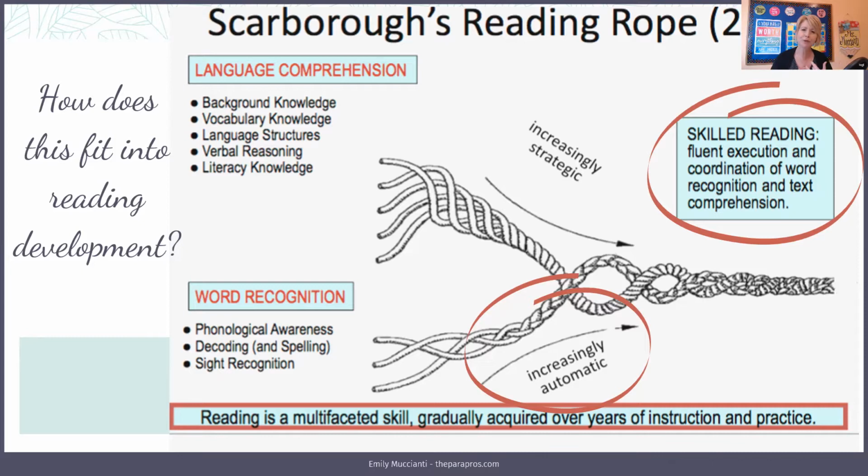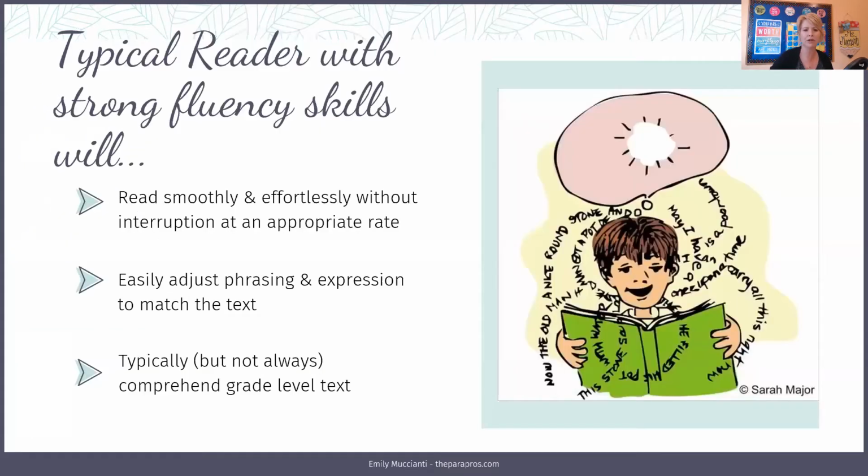Well, fluency is about increasing the automatic. We want to reach what we call automaticity, and it's the ability to read without having to think about the decoding. This fluency is what is going to bring together some of these language comprehension skills and tighten it up so that we can really be wonderful comprehenders.